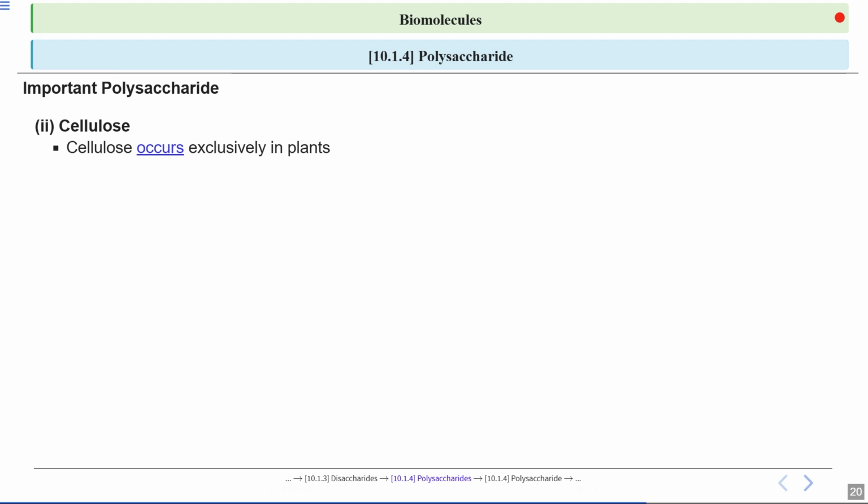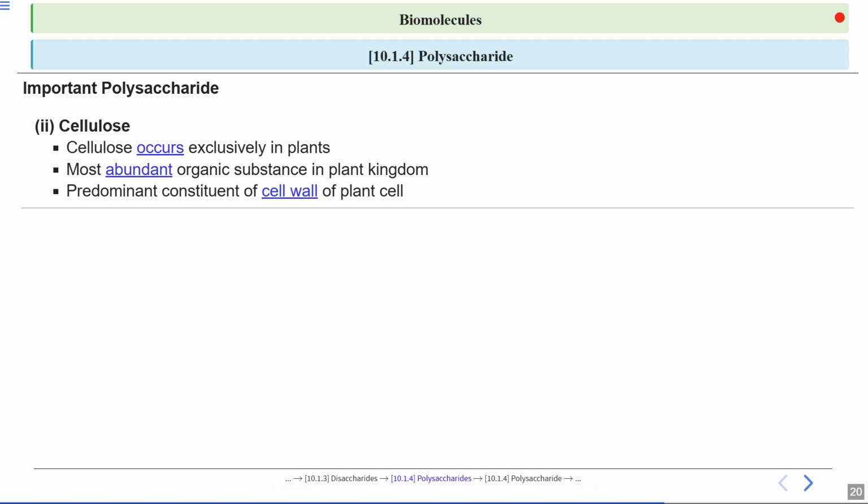Cellulose occurs exclusively in plants, it is a plant specific polymer. It is the most abundant organic substance in the plant kingdom, largely due to its prevalence in plants. Cellulose is the main component of the plant cell wall. The cell wall gives plant cells their shape and rigidity. So cellulose is crucial for plant structure.